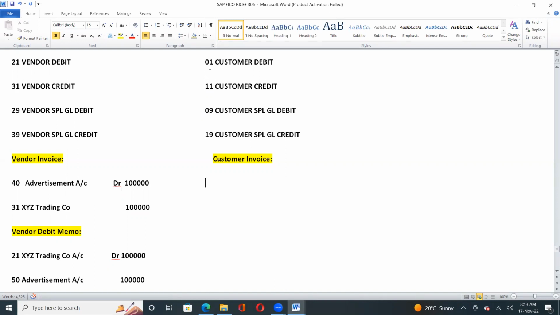So here debit, what is the posting key? 40. 40 customer. Okay, 01. Yeah, it's a 01. It's not a 1, it's a 01. Okay, so here customer, I'm taking it as MNR consultancy services, for example, 80,000.